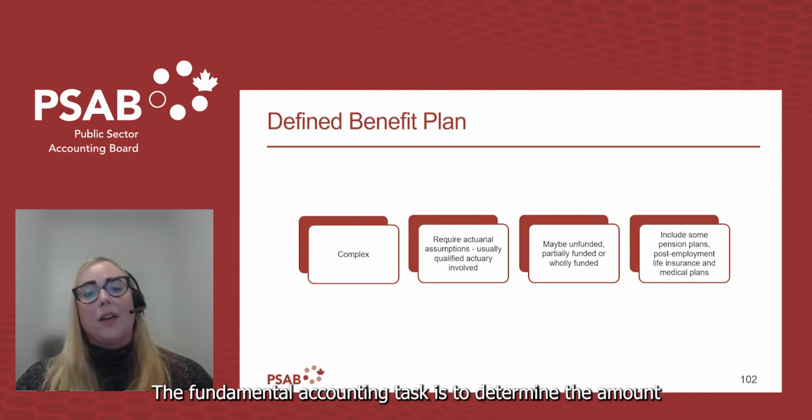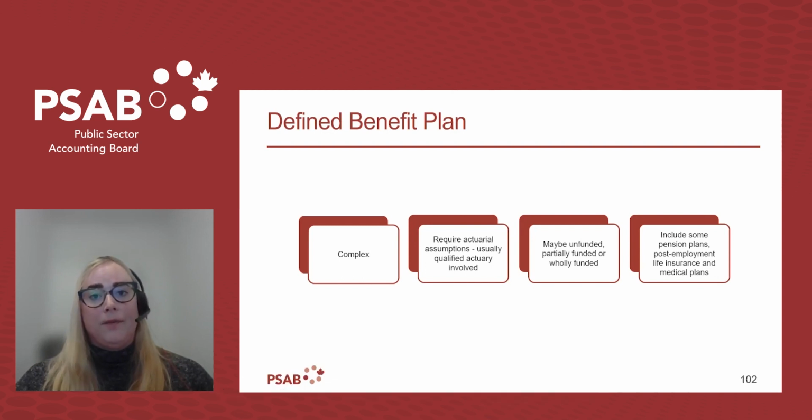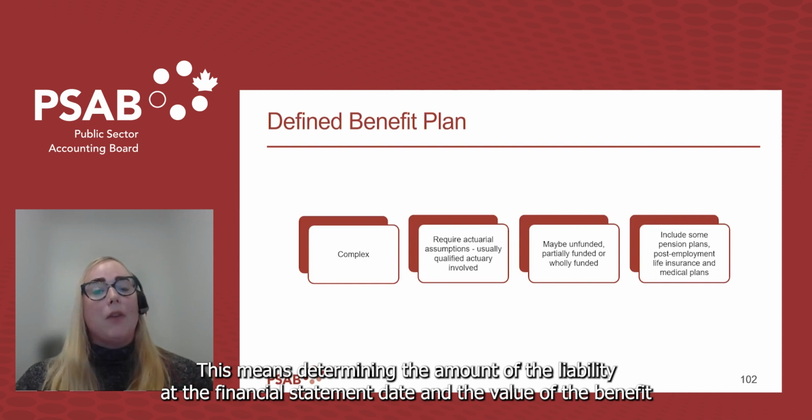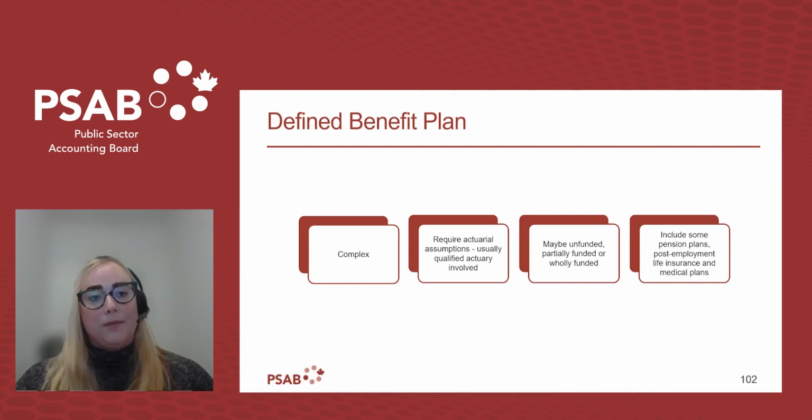The fundamental accounting task is to determine the amount of the obligation for retirement benefits to attribute to each period of employee service. This means determining the amount of the liability at the financial statement date and the value of the benefit employees earned during the period, which represents the expense of that period.